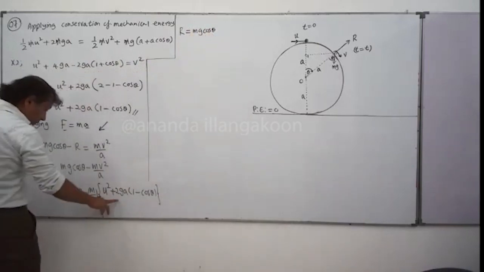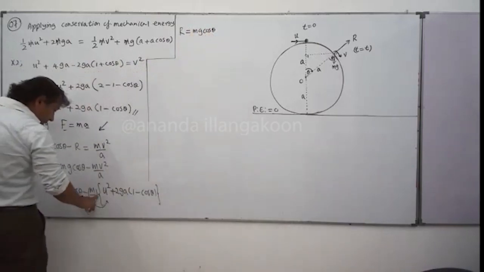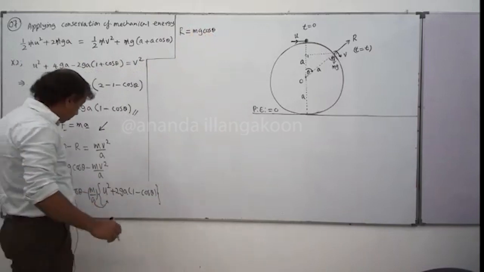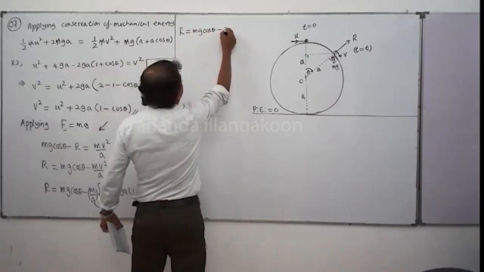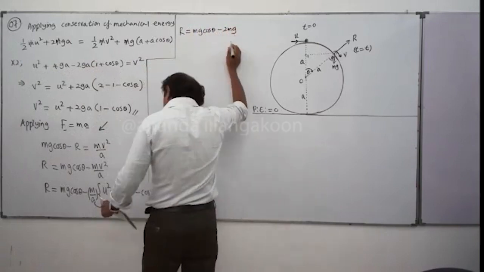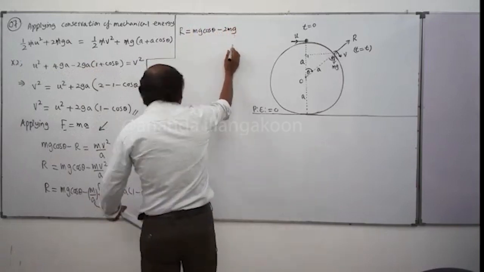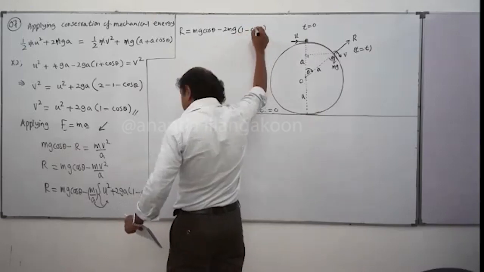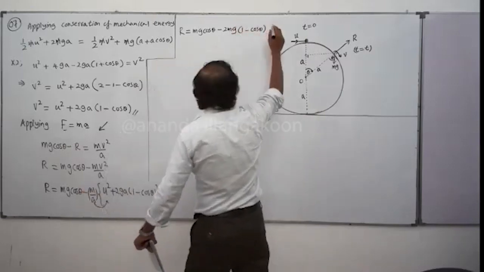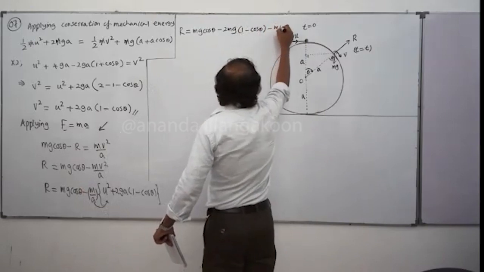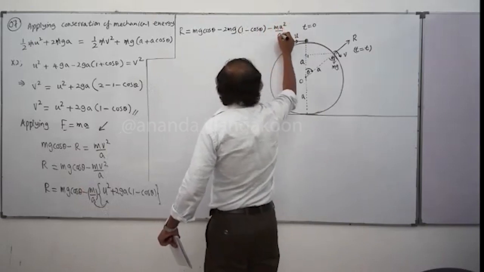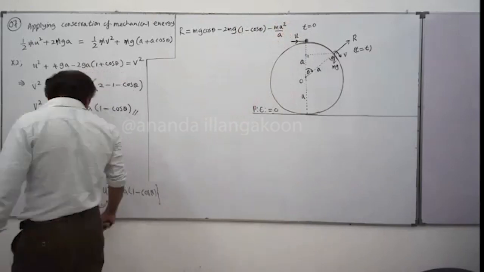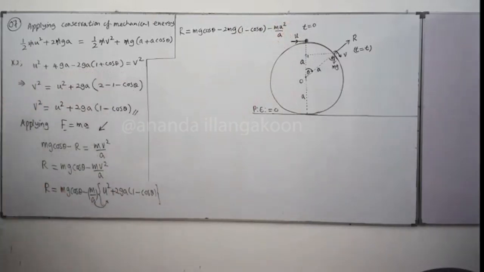And plus and minus, minus 2mg times 1 minus cos theta, right? And here minus mu squared upon a. Right.